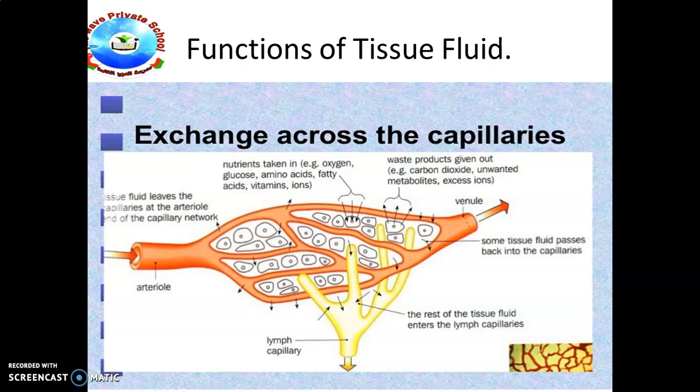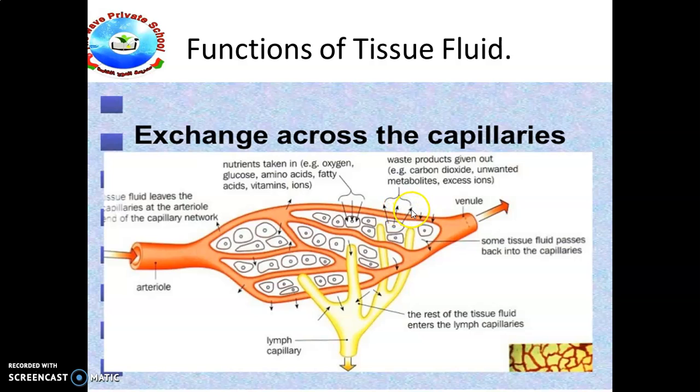Nutrients are taken in, for example oxygen, glucose, amino acids, fatty acids, vitamins, and ions. In this manner, when the gas exchange is happening, the nutrients are taken in and the waste products are given out into the plasma.